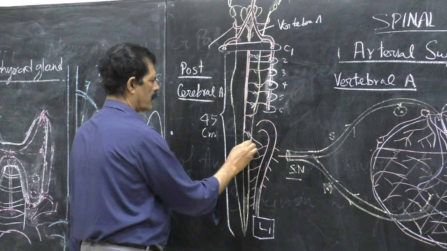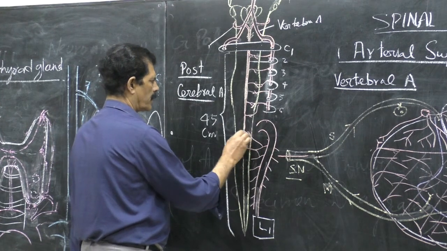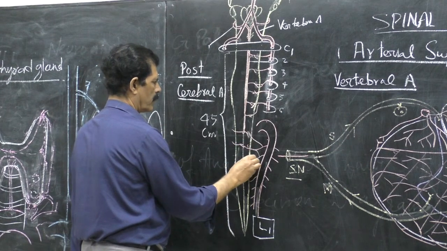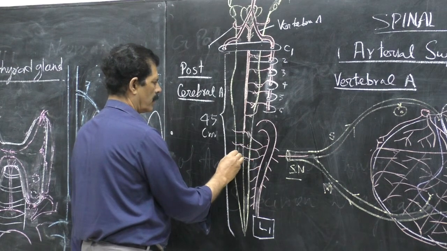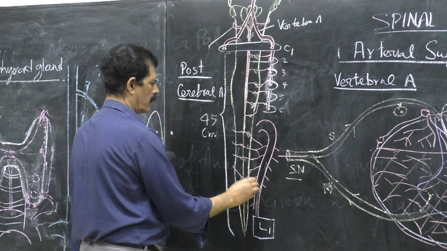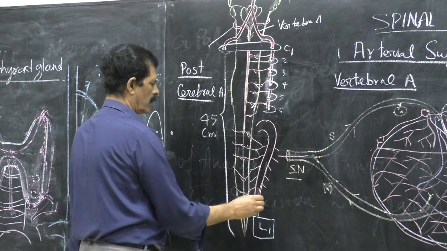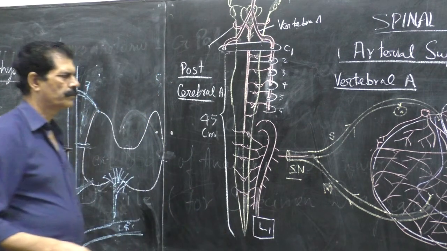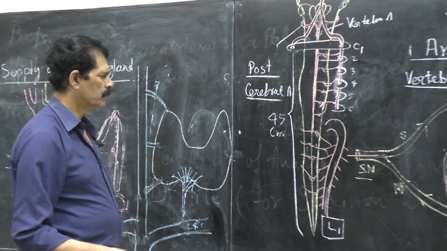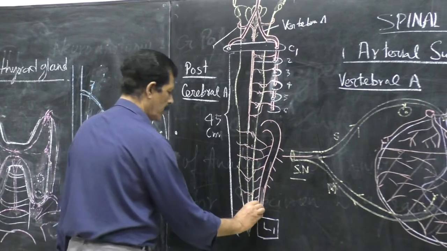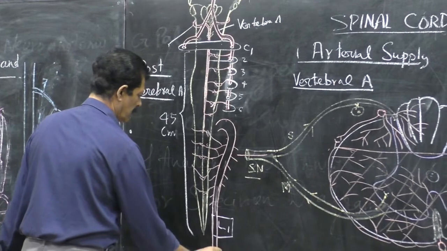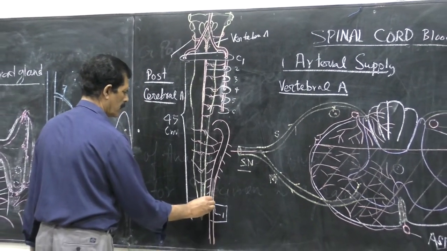and they supply blood to the lower part of the spinal cord.